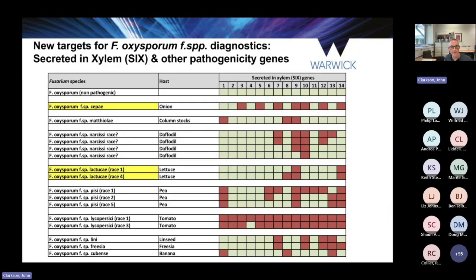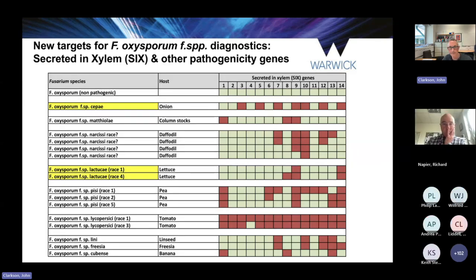As a side note to this, there's one specific class of pathogenicity genes which have become quite popularized within Fusarium oxysporum. These are the secreted in xylem genes, and I guess they're popular because they're a bit more well characterized than many of the others. So you can look at these in isolation if you want.